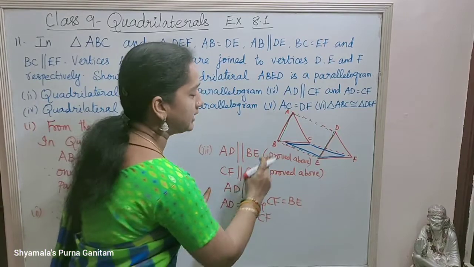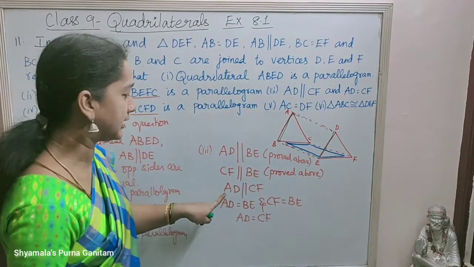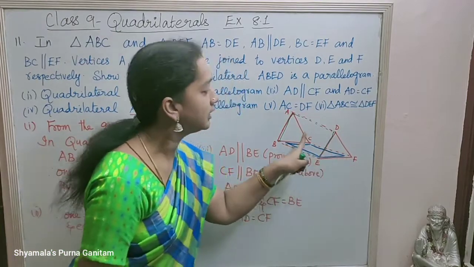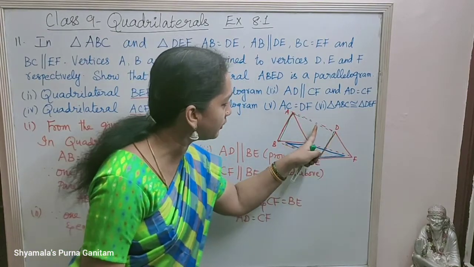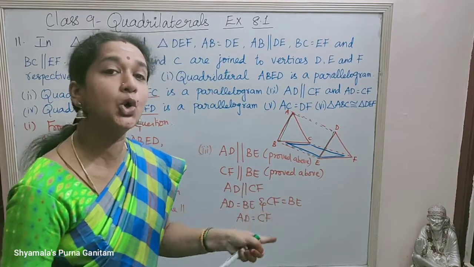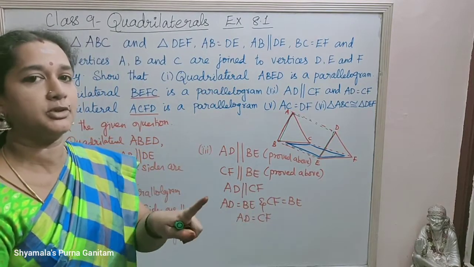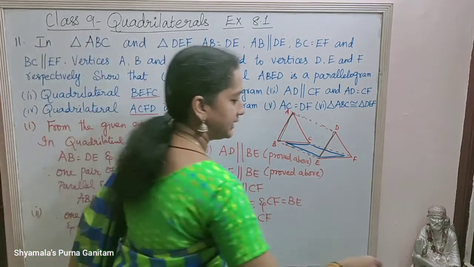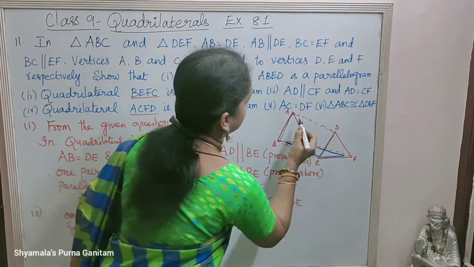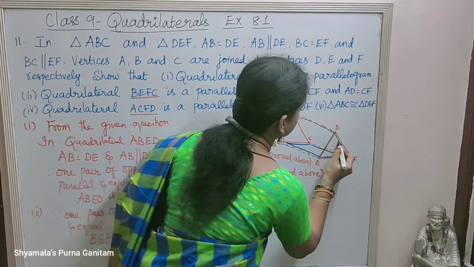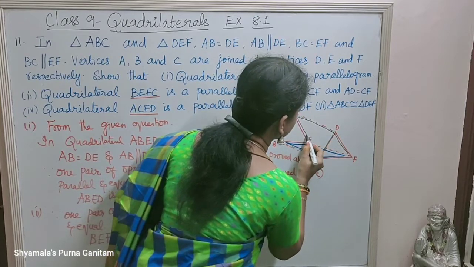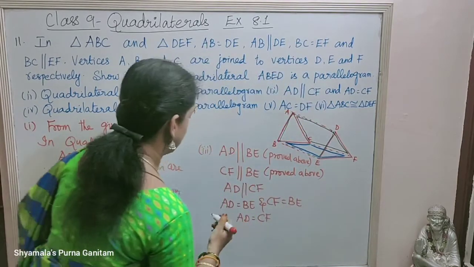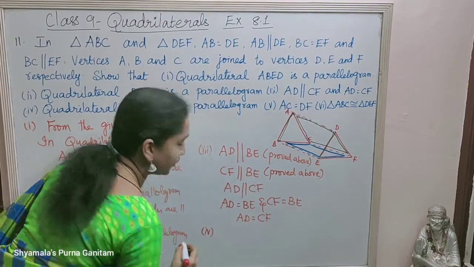Okay, AD, one pair of opposite sides are parallel and equal, we got. So that one pair of the quadrilateral forms the opposite sides. One pair of opposite sides are parallel and equal. It forms a parallelogram. That is this part. So that is the fourth proof.